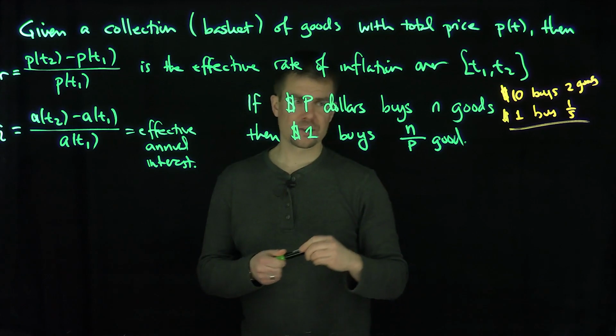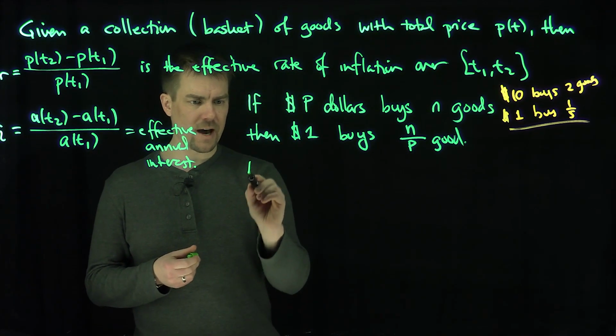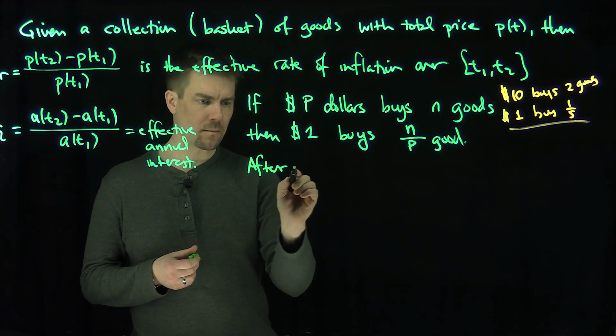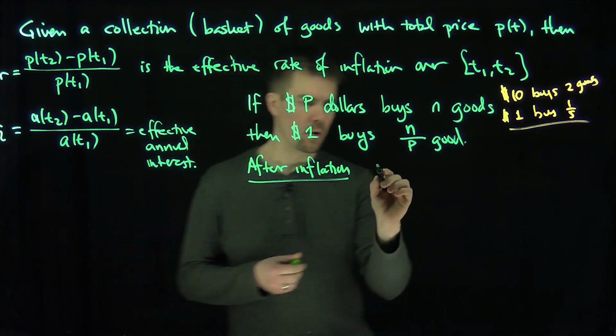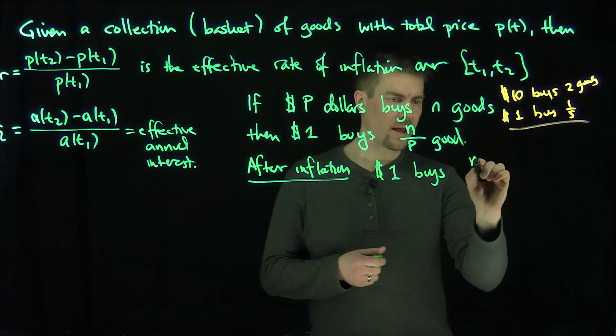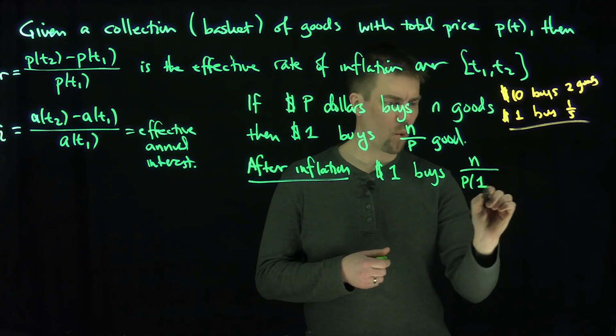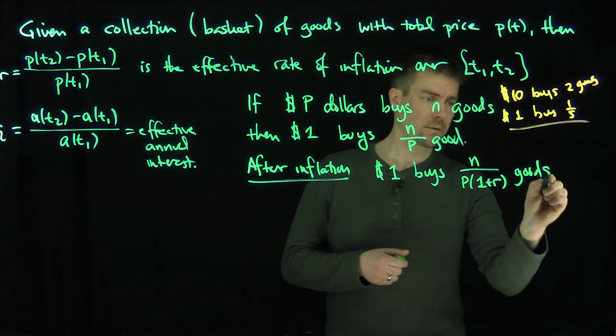When inflation strikes, you need more money to buy the same amount of goods. So after inflation, $1 buys N over P times 1 plus R of the goods, okay?